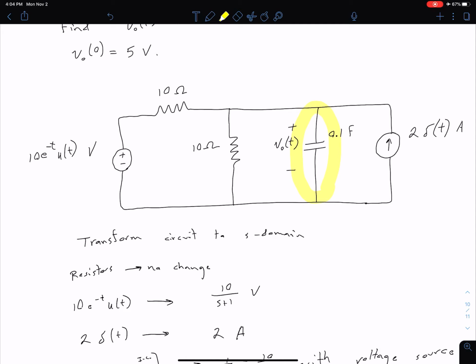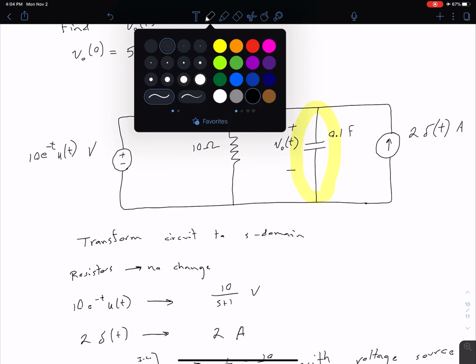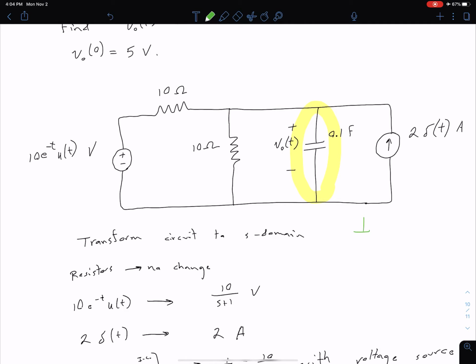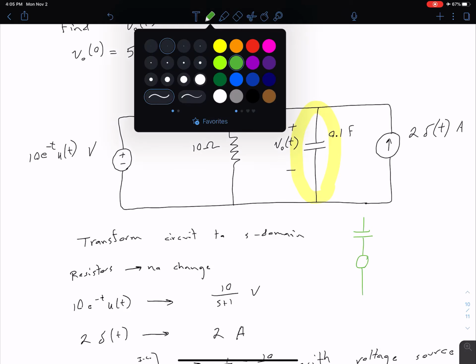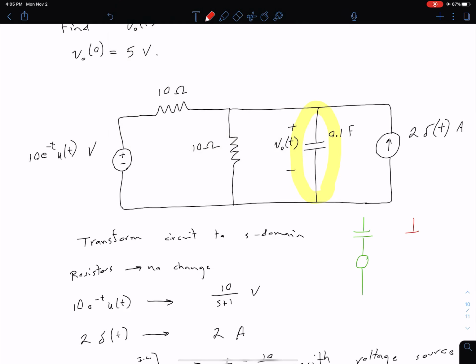So we'd have our capacitor and our voltage source. I'm not sure off the top of my head the polarity, so I don't want to draw that in incorrectly. Alternatively, we could have our capacitor in parallel with a current source. And again, I don't want to mess up that current direction, so I'm not going to include that there.